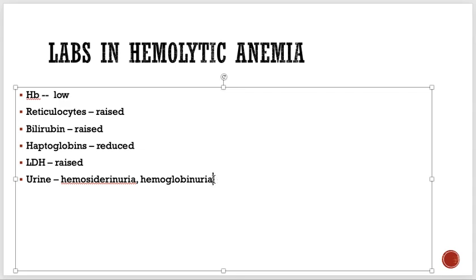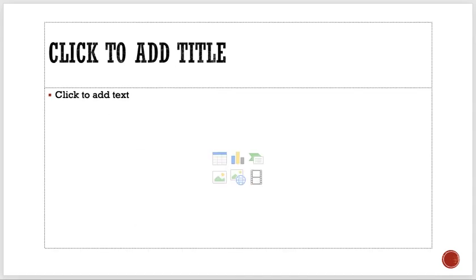So when you did these tests and found that there is hemolysis going on, what to do next? The next step is to find the cause of hemolysis, right? And to talk about this, what are the tests to find out the cause of hemolysis? What is the important thing, guys?